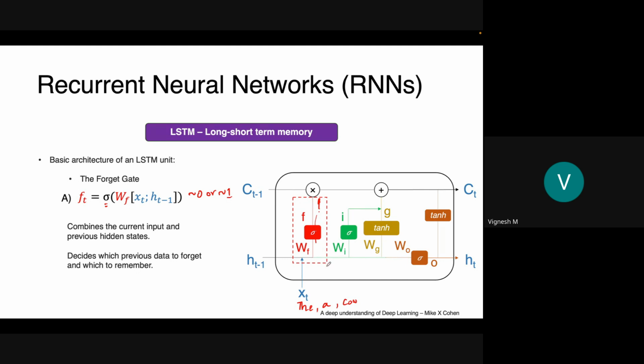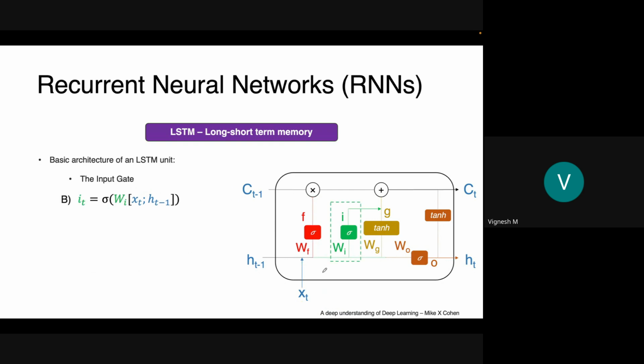Now, if I move on and talk about this next gate, which is the input gate, mathematically, it's the same thing. It's taking a bunch of weights, weighting the current input and the previous hidden state again and passing it through a nonlinear sigmoid function. So that's the reason it's called a gate. And this time, it's not influencing the cell state directly.